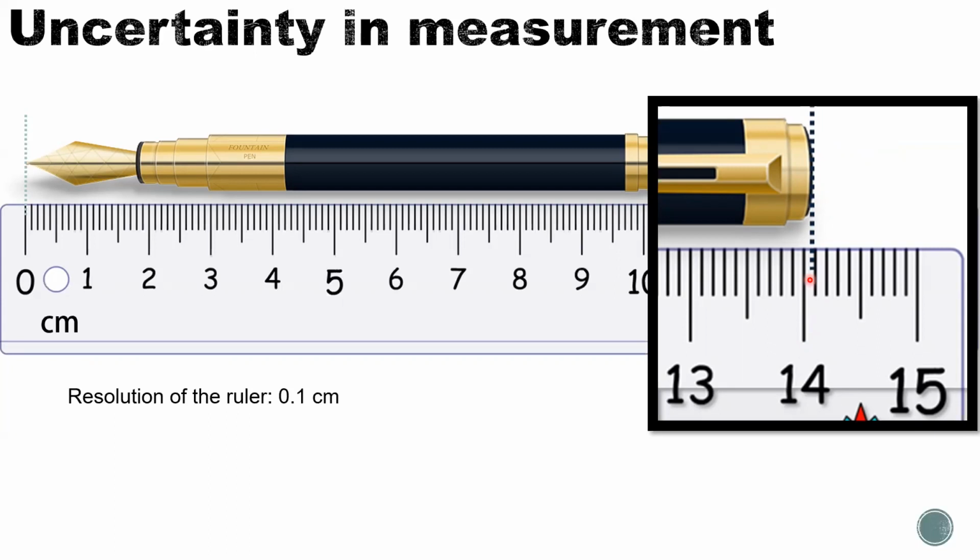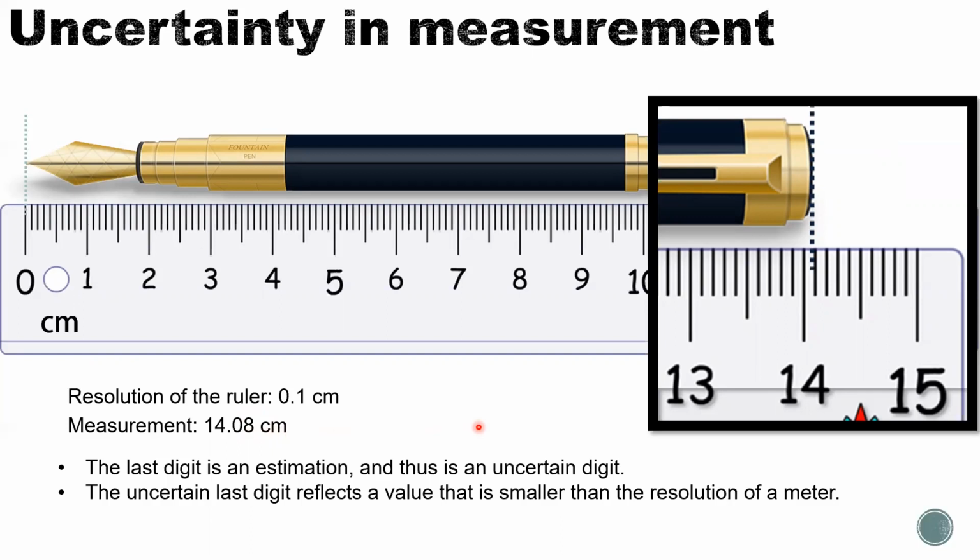So we can estimate the portion of the length within the smallest resolution. For the length of this pen, we can say it's 14.08. It's between 14.0 and 14.1.